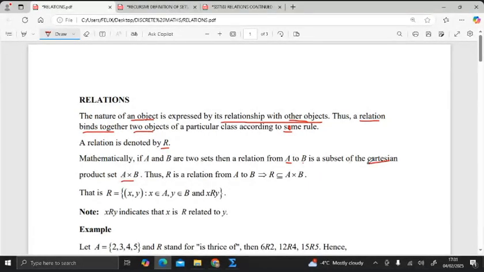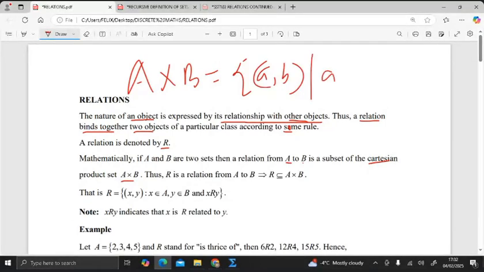Just to remind you, the Cartesian product of A and B is equal to the set of pairs (a, b), such that a belongs to A and b belongs to B, strictly.